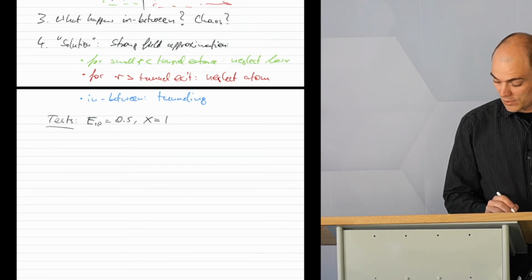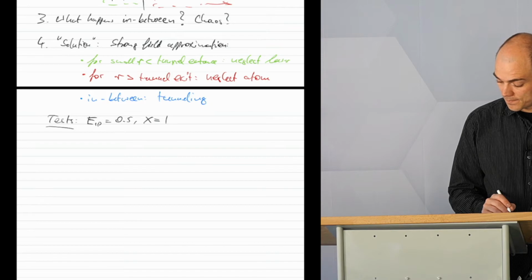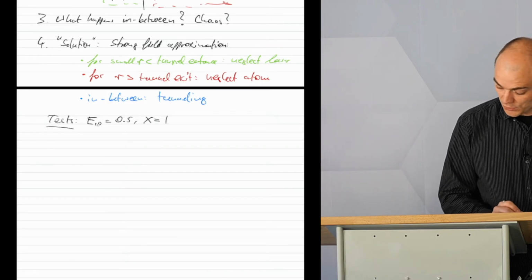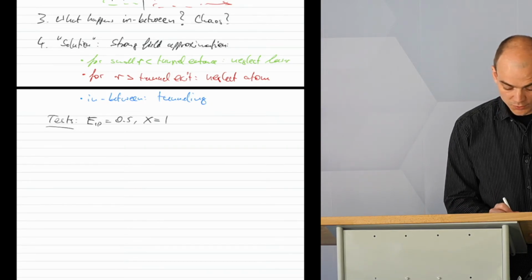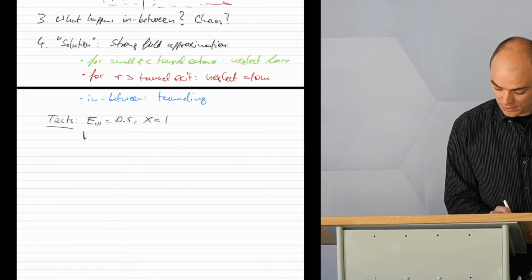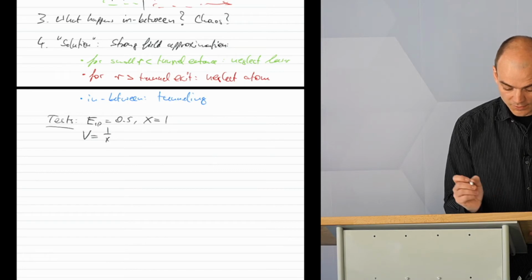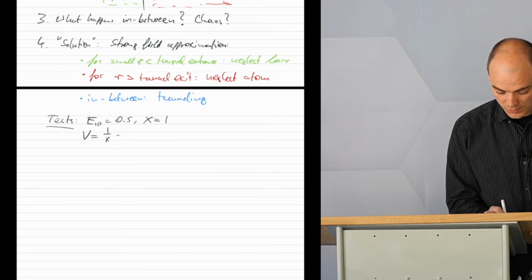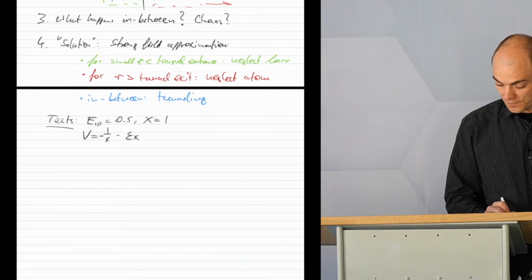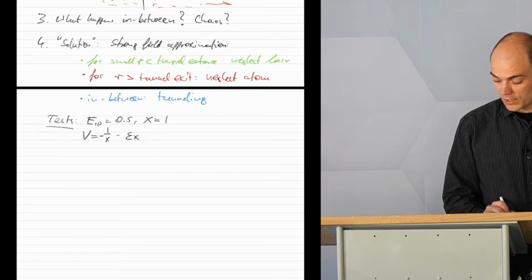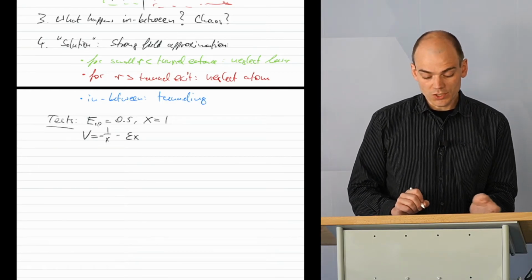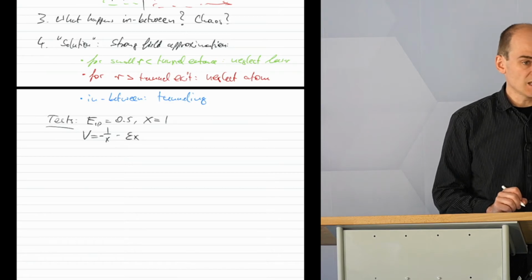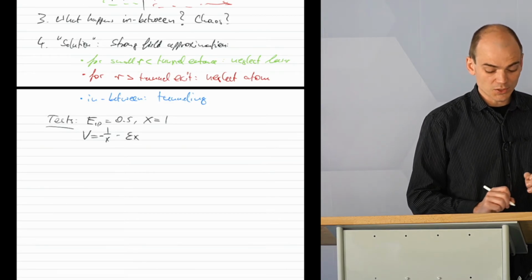And now we'll just plug this into the equation for the potential. So once again, the potential is 1 over x, or 1 over r, minus 1 over x minus ex. And now we ask the question, how strong does the field have to be that these contributions are equally strong?